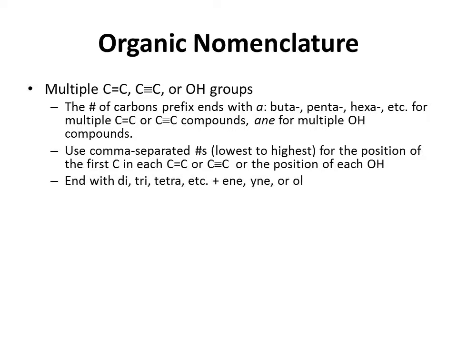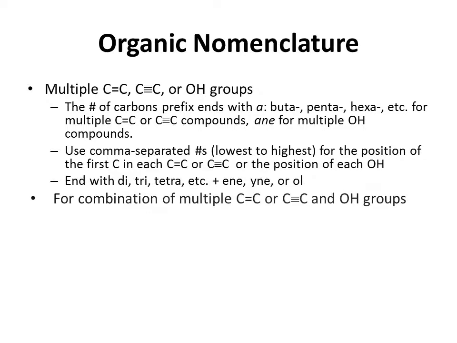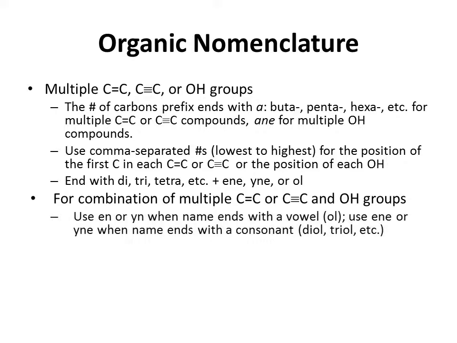You also have to end the name with di, tri, tetra, etc., plus the ending for whether you have a carbon-carbon double bond, ene, carbon-carbon triple bond, yne, or an OH group, ol. For a combination of multiple C=C, C≡C, and OH groups, you use the en or yn component when the name ends with a vowel, such as ol.